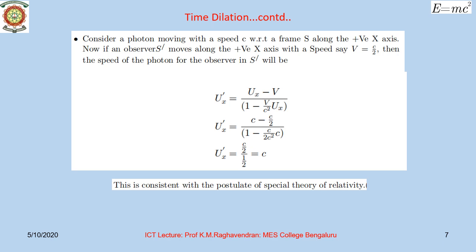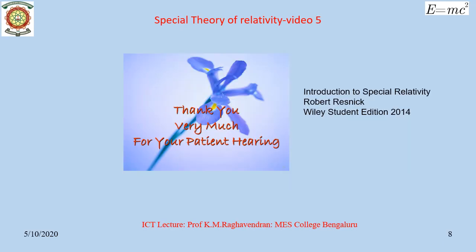That means the speed of the photon as measured by the moving observer in frame S dash is also c along the x-axis, and of course the speed of the photon was c with respect to the frame S. Hence, we see that this is consistent with the postulate of the special theory of relativity and the velocity transformation equations mentioned here are the correct transformation equations.